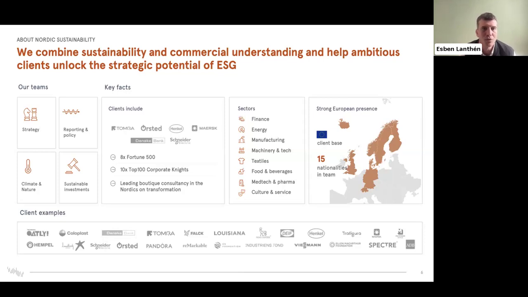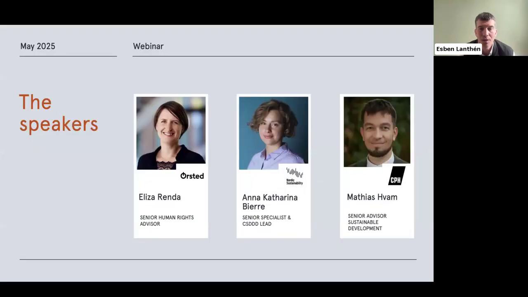What we really want to do is unlock the strategic potential of the ESG agenda. We're all about impact reduction, but we also realize that the only way forward on the agenda, particularly given the recent uncertainty, is to unlock the wider benefits of working strategically with sustainability.